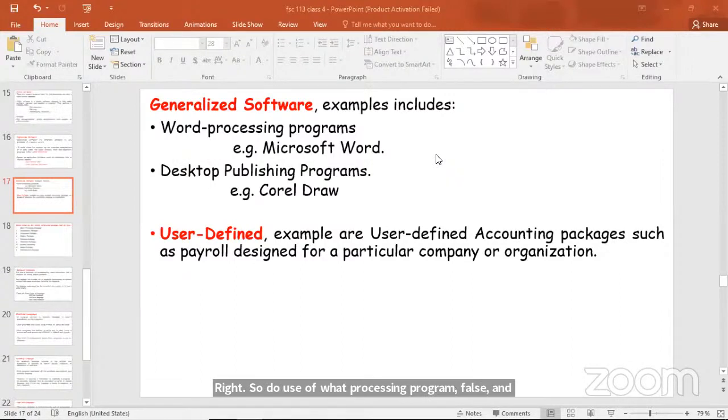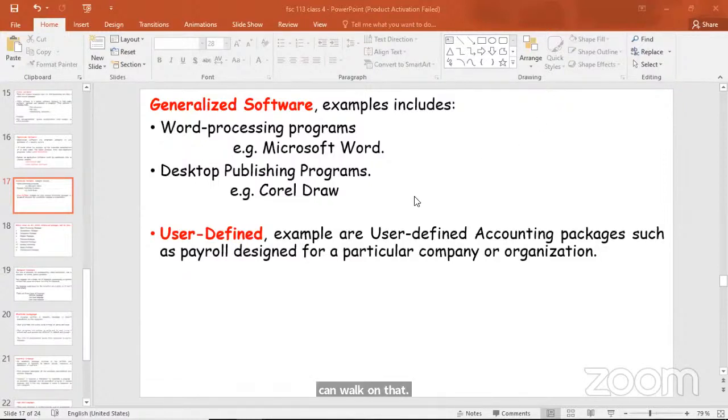However, can you go to the bursary department and ask them that you want to maybe type on the accounting package that they use for payroll? No, that is user defined. It is for a specific purpose and it is limited in use. As a matter of fact, it is not every staff of the bursary that can work on that package. It is selected people that can work on that.